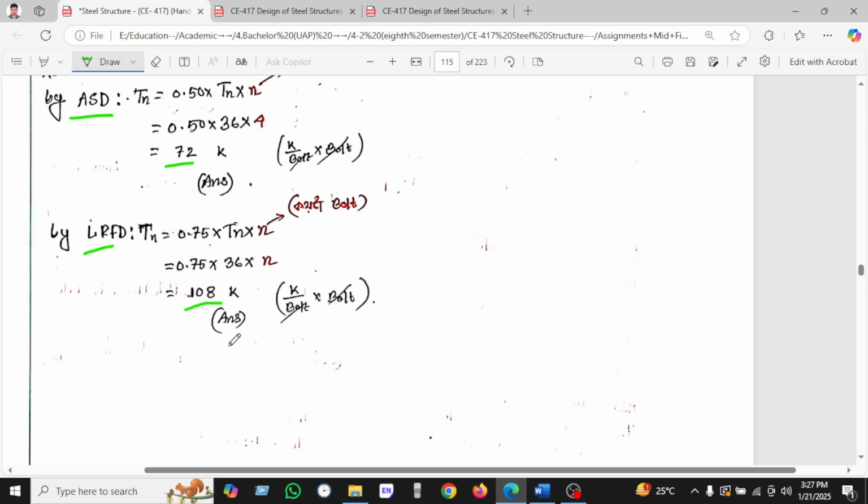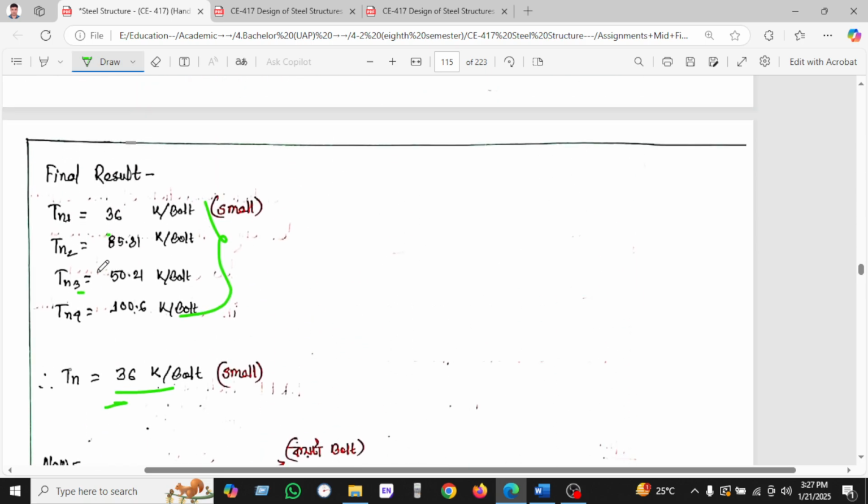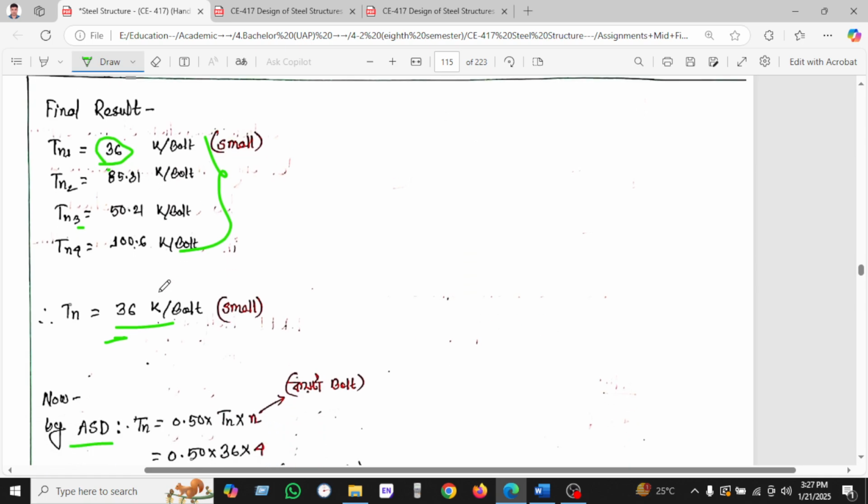So we can say 108 kip. With the final result seen, after using 36 kip per bolt, the bolt will fail.